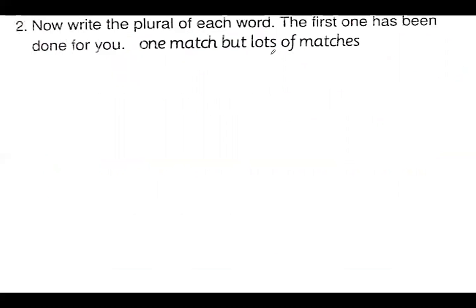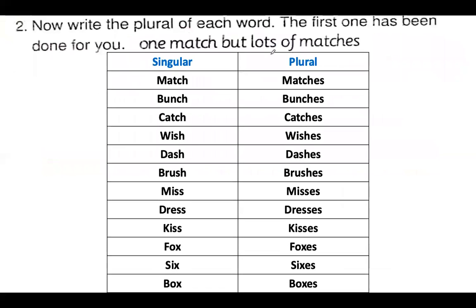Okay, we have just done with all of the columns. Now we have to make the plurals of them. Match, matches. We'll just add es in it. Bunch, bunches, es. Catch, catches, es. Wish, wishes, again es. Dash, dashes, es.